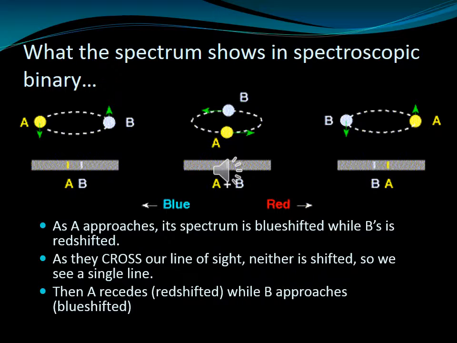And in the third panel, you've got star B coming at you and star A going away from you. So what you would see originally is that A's spectrum goes from being blueshifted to not having any shift to being redshifted. And star B starts out as being redshifted and then not having any shift and then being blueshifted.